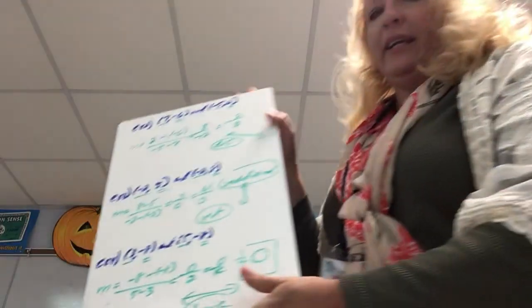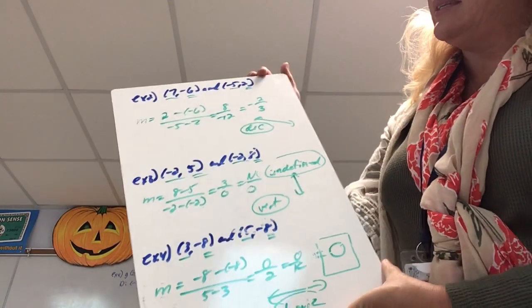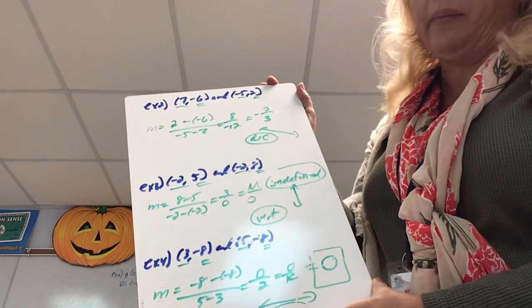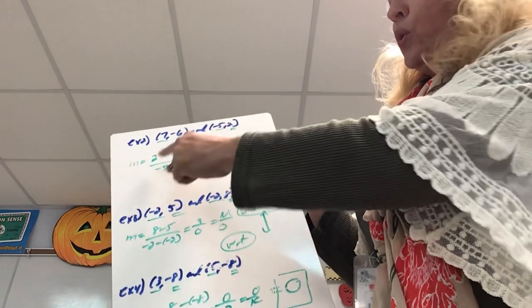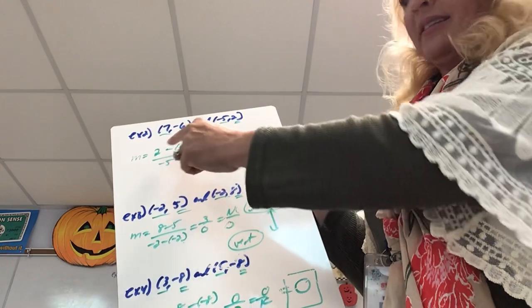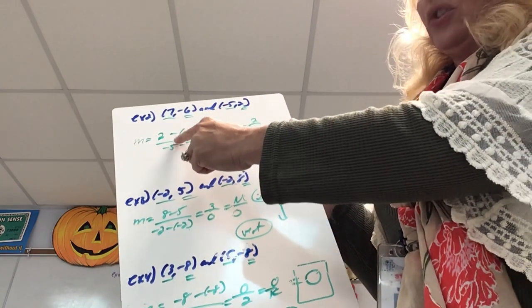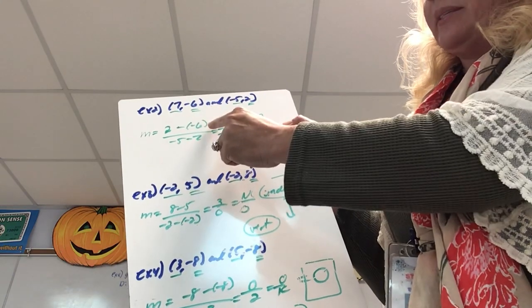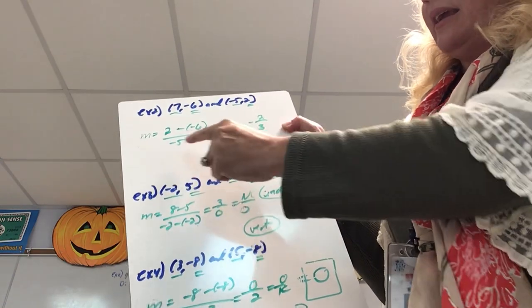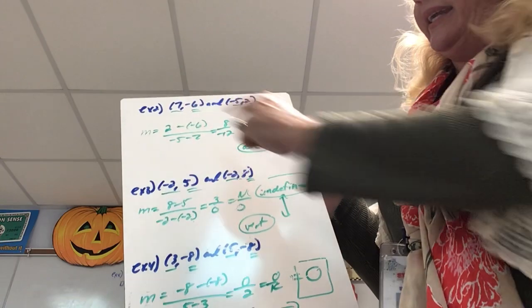Okay, let's take a look at example 2. Double underline my y's, single underline my x's so I know that they go together. So 2 minus a negative 6, not 2 minus 6. That's 2 plus 6. Remember, subtracting a negative is like adding the opposite. 2 plus 6 is 8. Negative 5 minus 7.